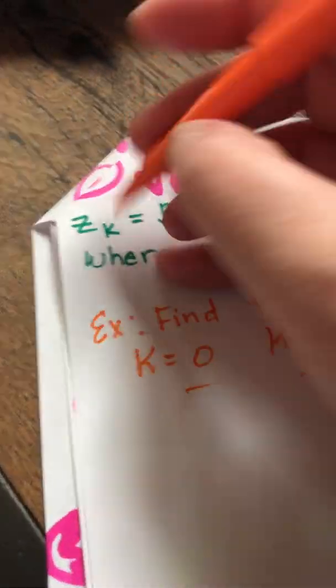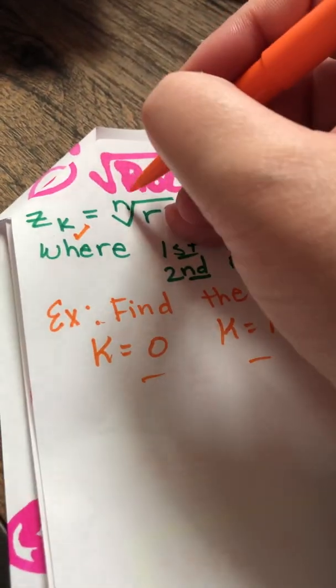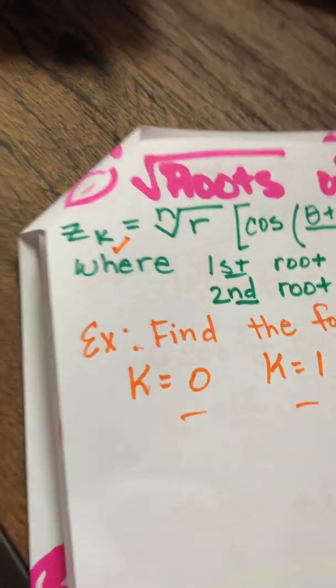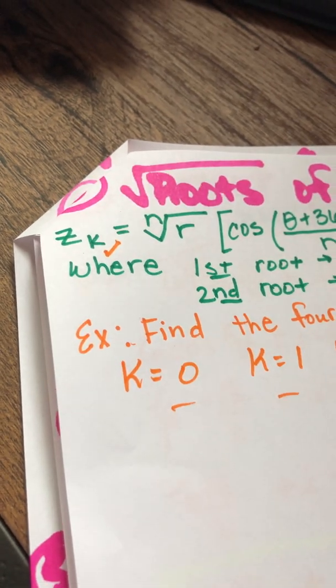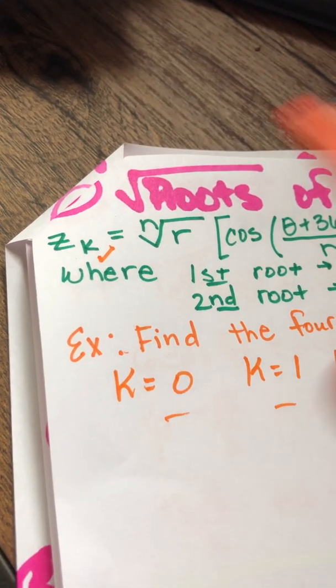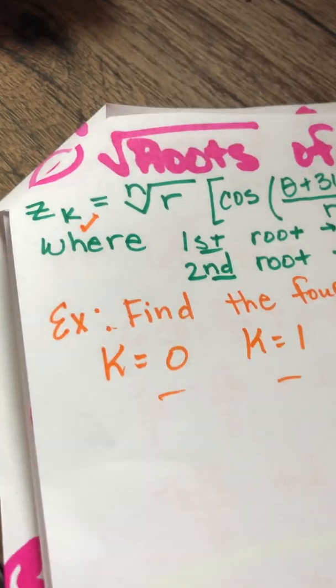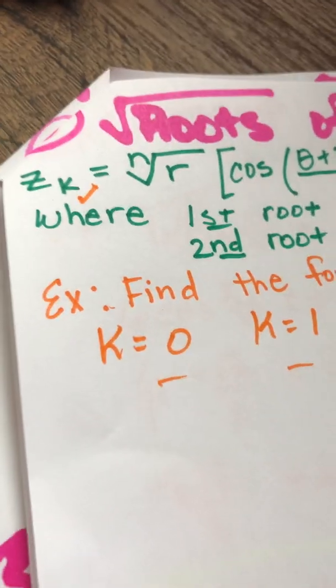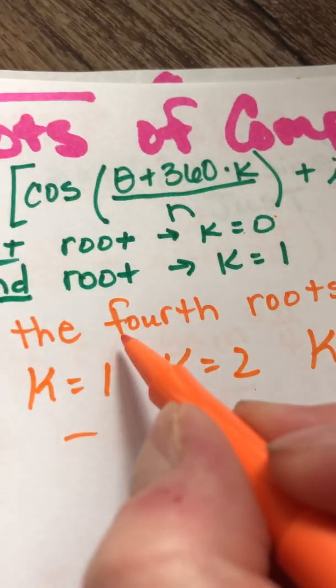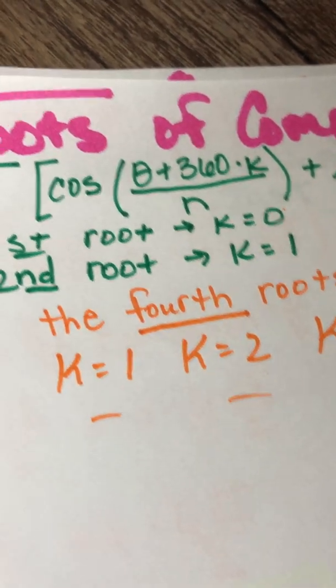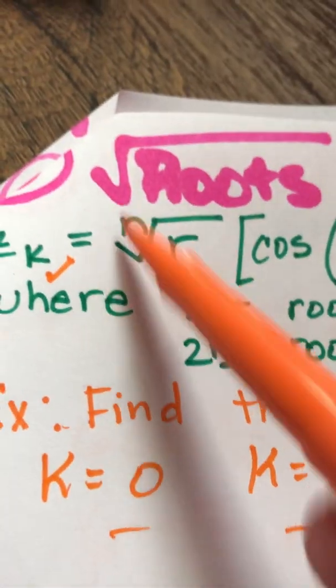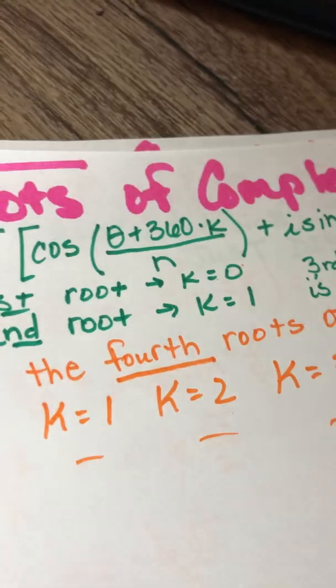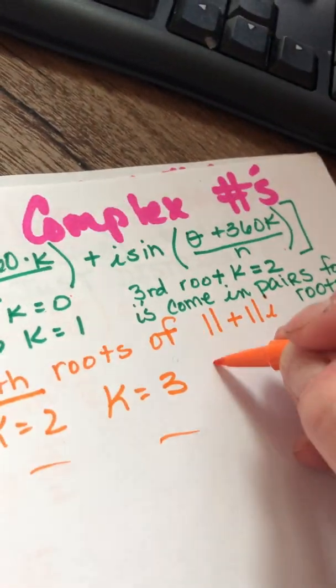Okay, so now we know what our k is. Let's figure out what our n is. Our n is whatever root they want us to find. So they want us to find the fourth root. Get it? Because it's like the fourth root of r. So our n is 4.